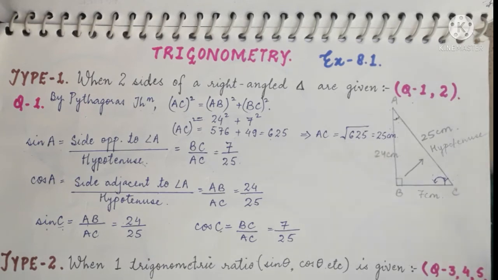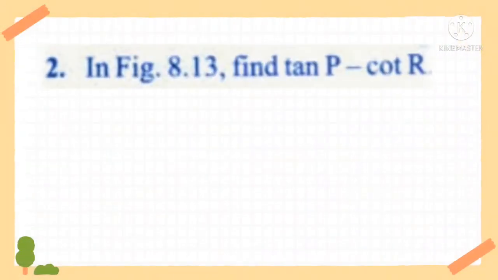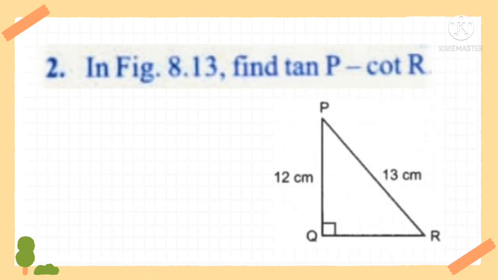The same procedure you have to apply to question 2. What does question 2 say? In figure 8.13, find tan P minus cot R. So as you can see in the figure, the length of two sides is given and the third side is unknown. So using Pythagoras Theorem, the same formula, we can find the length of the third side QR.